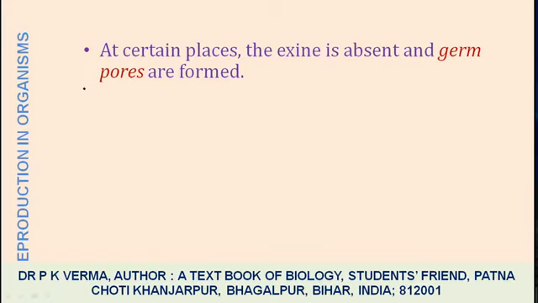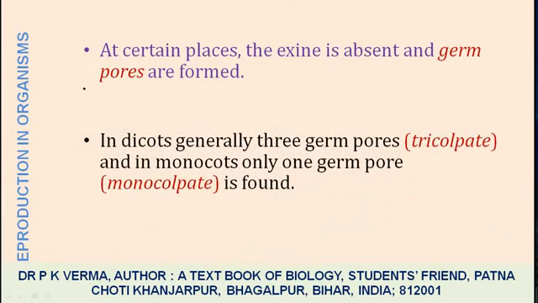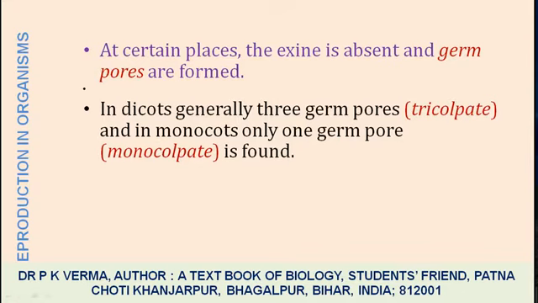Now, at the germ pores, exine is absent. In dicot plants, there are 3 germ pores in the pollen grains, so it is called tricolpate. But in monocots, only 1 germ pore is found and it is called monocolpate.